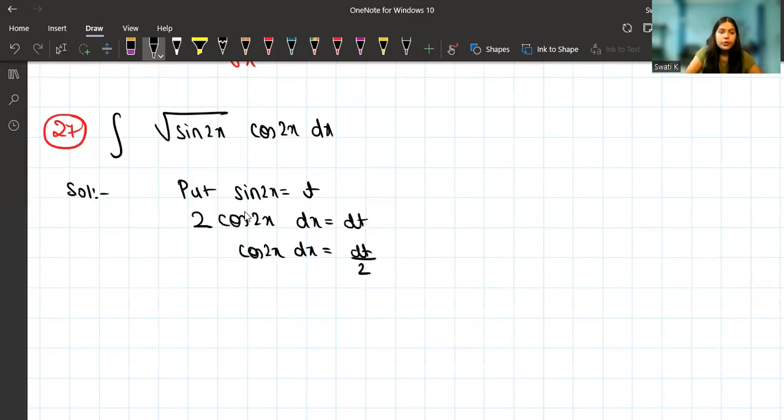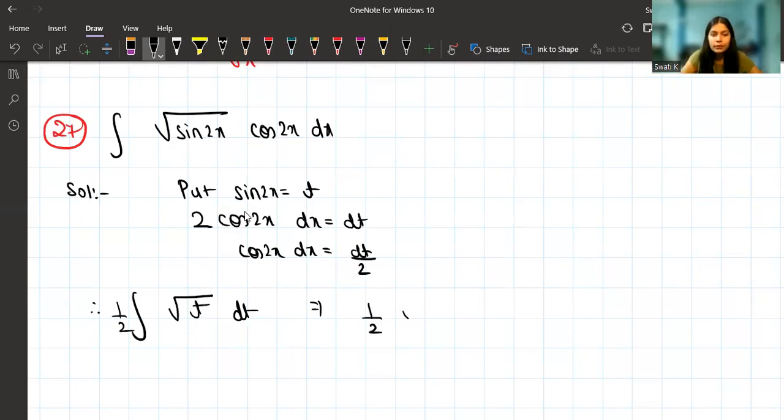So therefore, your question, we can rewrite down this as integration root over sine 2x is root t, and for cos 2x dx it is dt upon 2. So dt and upon 2 outside. Now this will become 1 upon 2 integration of root t will become, because it is t raised to half, so if you use the formula half plus 1 and upon half plus 1 plus c. Now this will become half t raised to half plus 1, that is 3 upon 2, and this is also 3 upon 2 plus c.